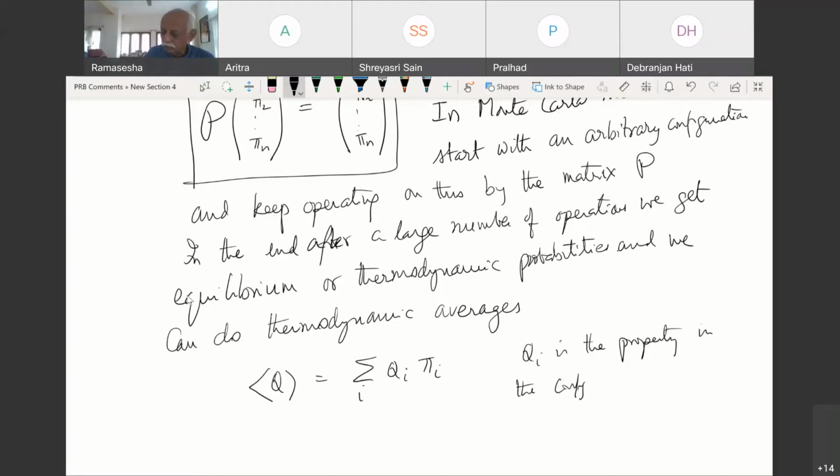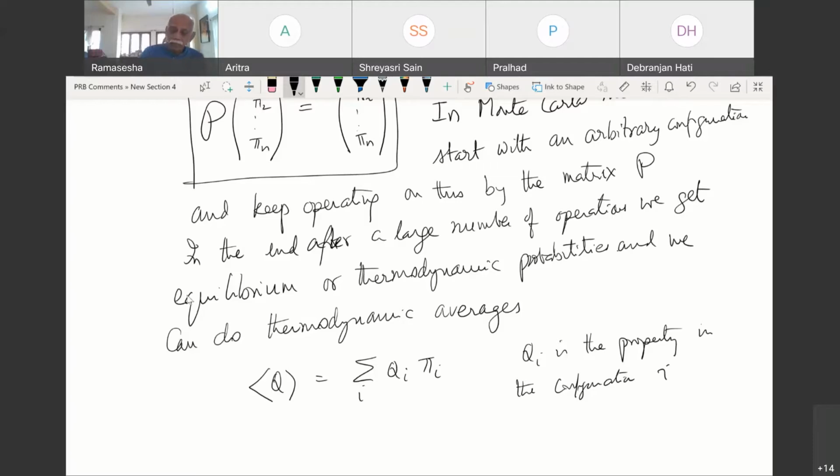So Q could be magnetization, which is the difference between the number of up and down spins, or it can be energy, which is actually the interaction energy between the spins, as in some of the models in magnetism, and so on and so forth. This is the standard technique. This is the basis for the Monte Carlo calculations.